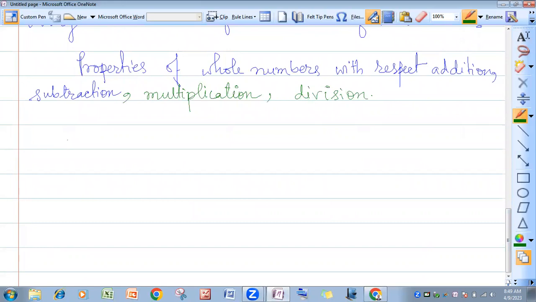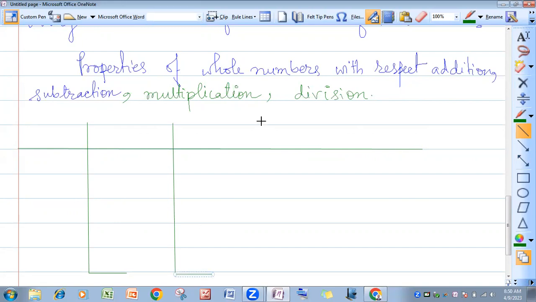So we will draw a line where this line tells about the type of numbers, and here we will take addition, then subtraction, multiplication, and division.